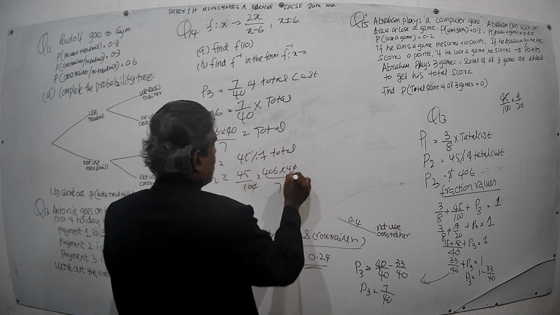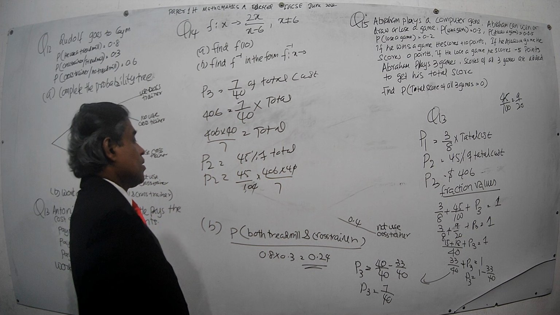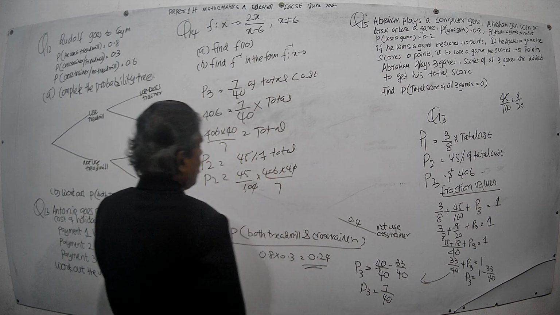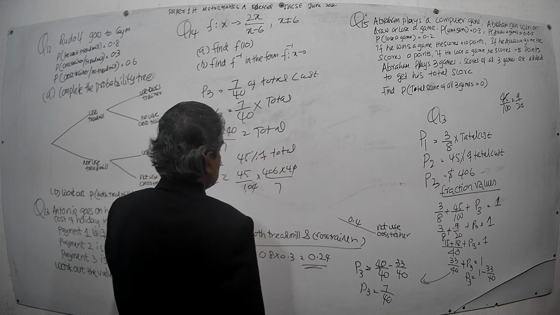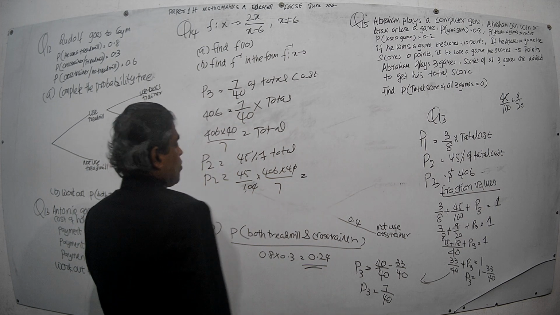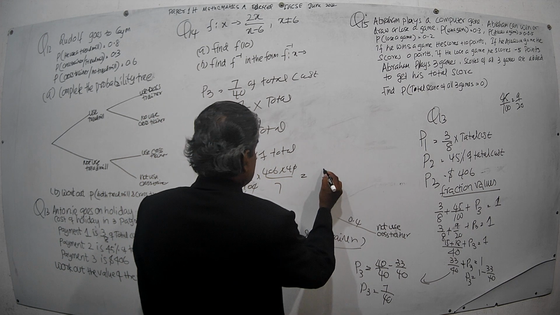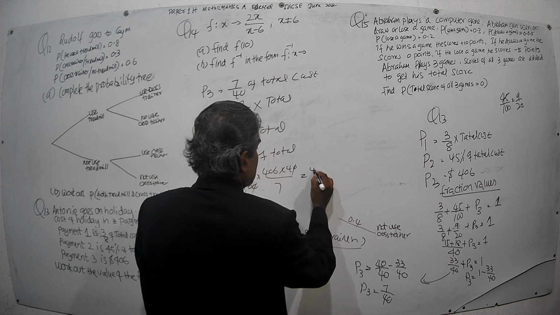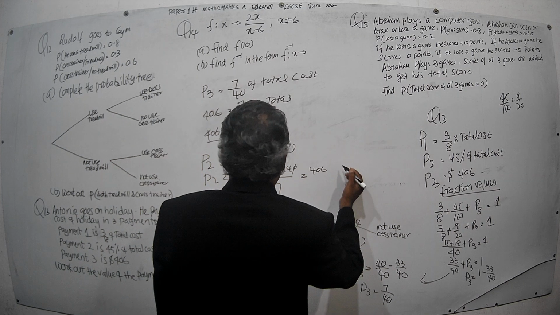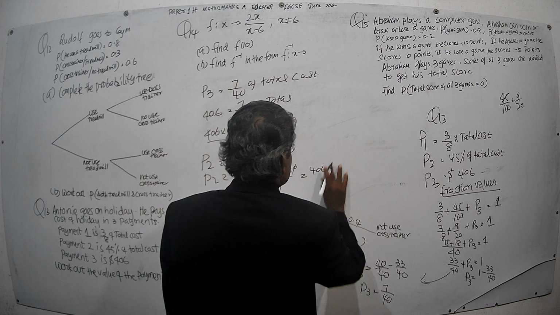100, 1. Then 5 times, multiply 5 times, you get how much? 4 times 5, 20. Then 406. We will multiply this 4 by 45. 45, 180.